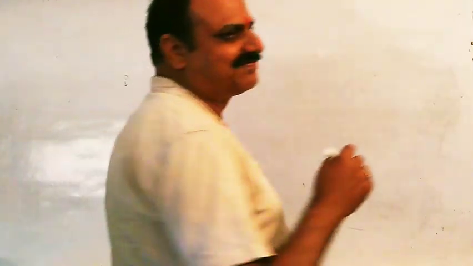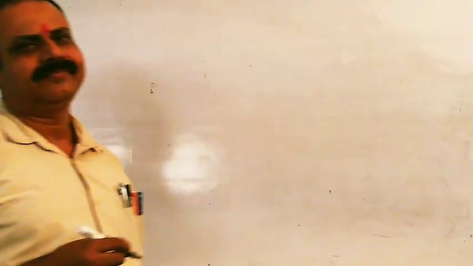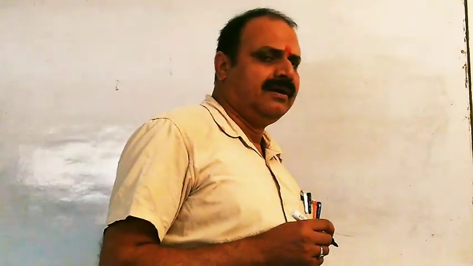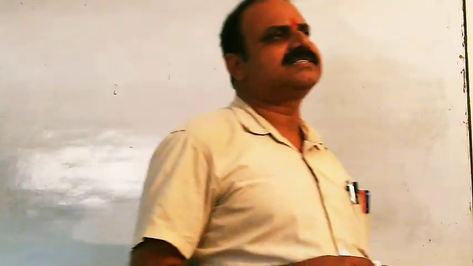Good morning. Today we will discuss the rest part of physical world and measurement. In this part, we will discuss types of physical quantity on the basis of dimension, dimensional analysis, and errors.